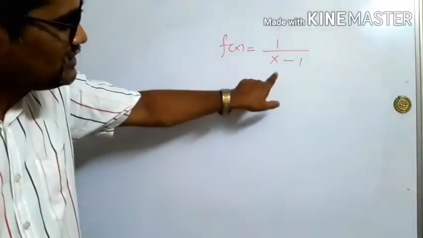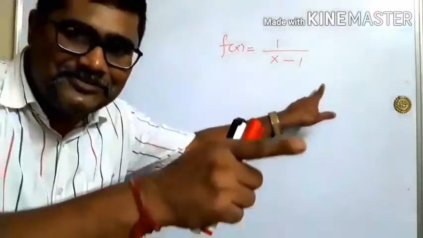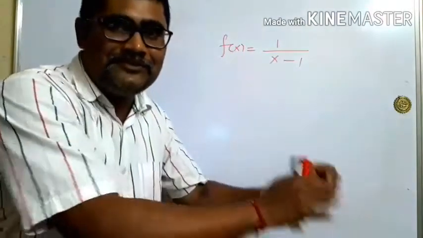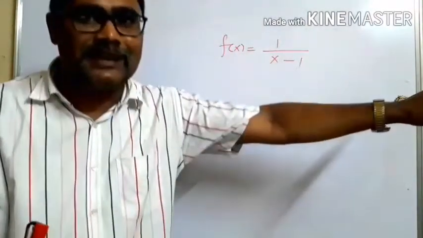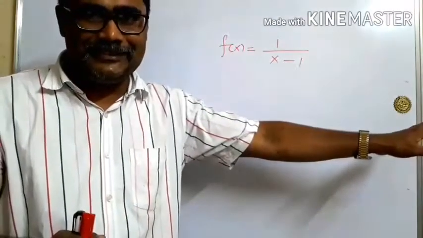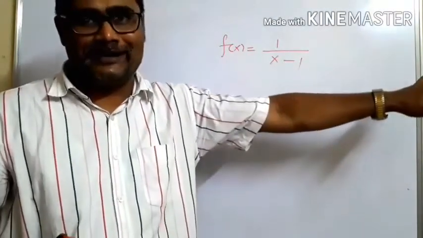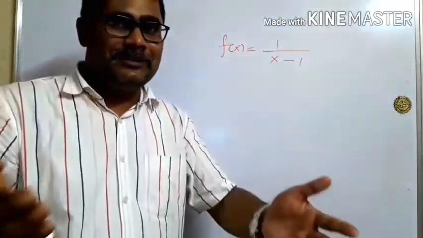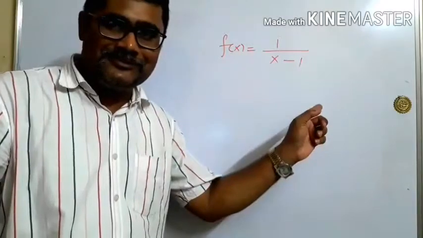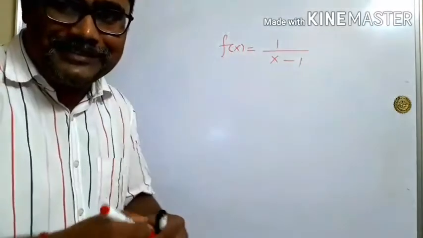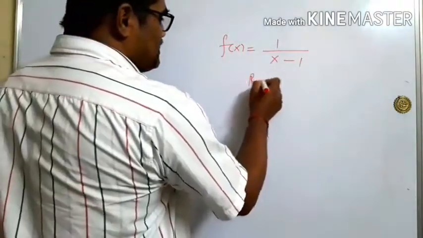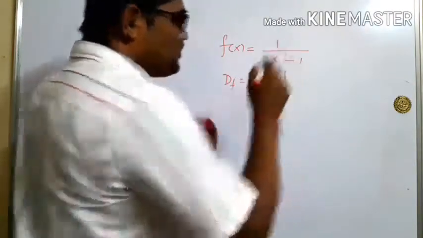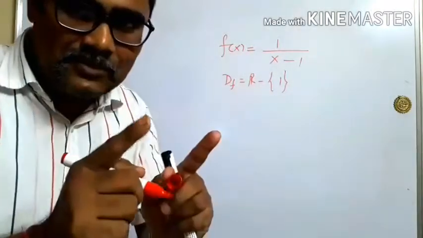To avoid the 0 in the denominator, what number should be avoided? It should be 1. From the whole real numbers, if you keep 1 aside, you quarantine 1, then the remaining real numbers will work, and will give you values, right? This time 0 will not be quarantined. So what will be the domain? The domain of the function will be real numbers minus 1. See, I am discussing very small questions at the beginning.